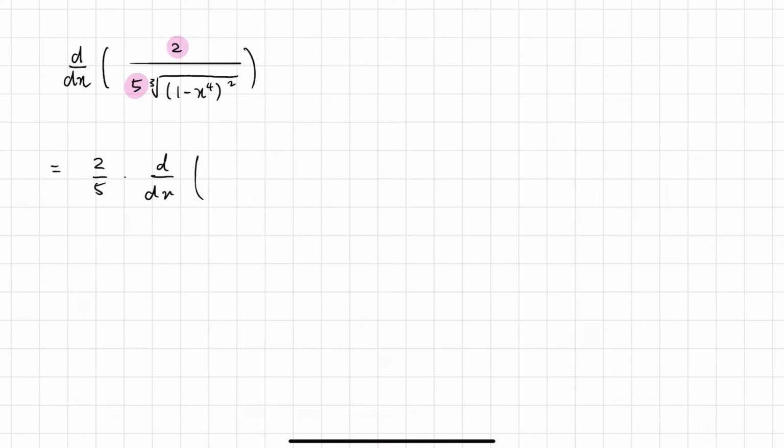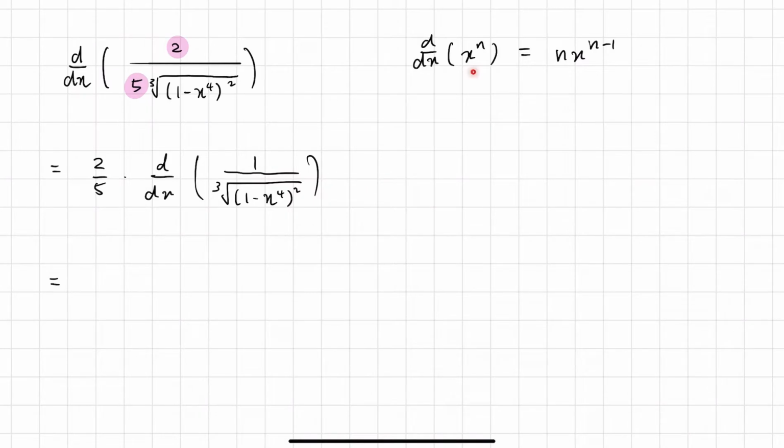Now, maybe I'll just write this out. Cube root of (1 minus x to the power 4) squared. So when you're trying to differentiate these, remember that our whole differentiating journey stemmed from the power of a polynomial.